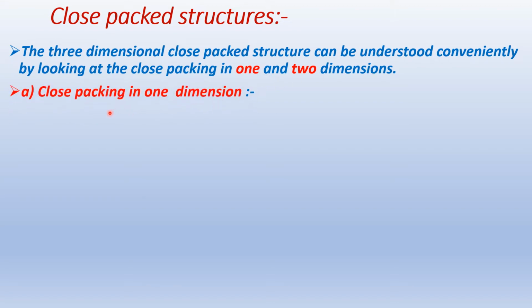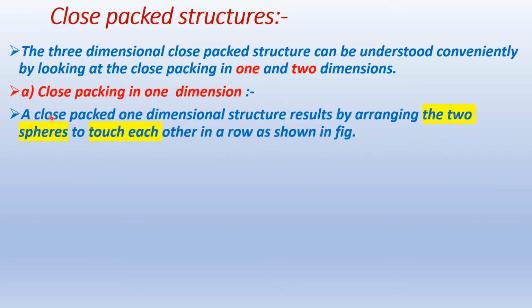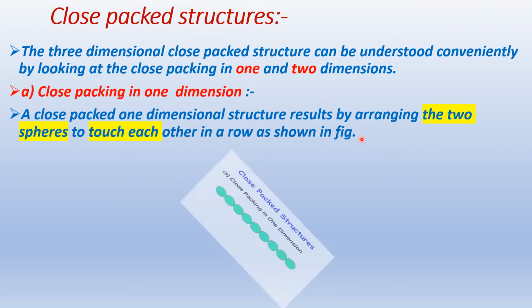First, a part that is close packing in one dimension. A close packing in one dimension results by arranging the spheres to touch each other. Two spheres are touched to each other in a row as shown in the figure.